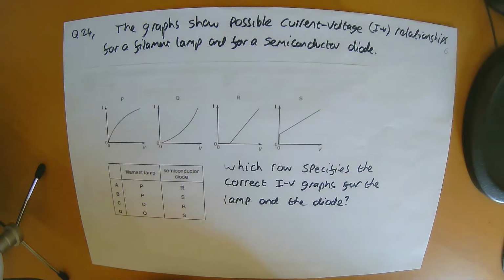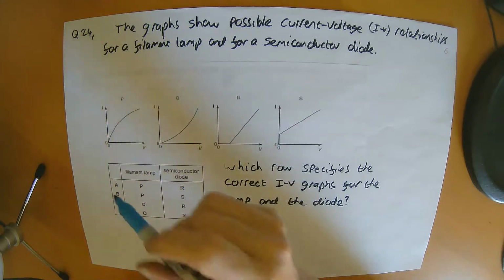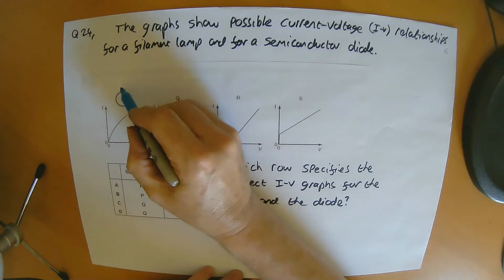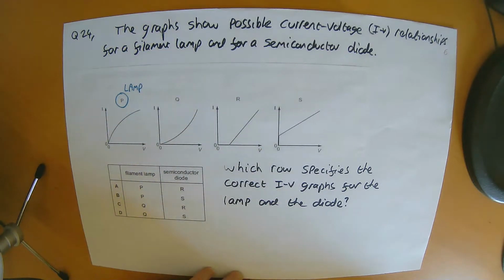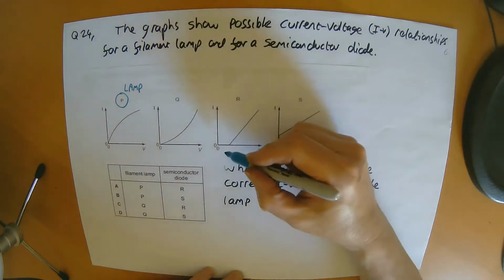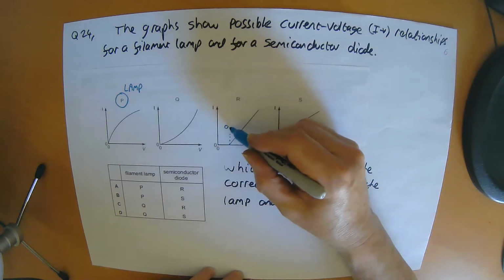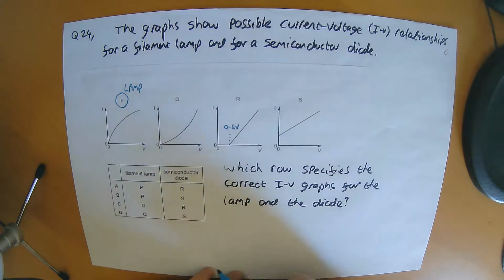Question 24. We just need to remember from GCSE for the first part that as the voltage increases, the current increases, the resistance of the filament lamp increases, and so the filament lamp has to be P. For a semiconductor diode, the current only passes in one direction, and then only after the potential difference has increased beyond somewhere around 0.6 volts.